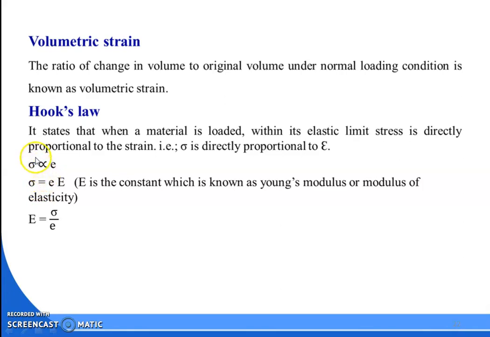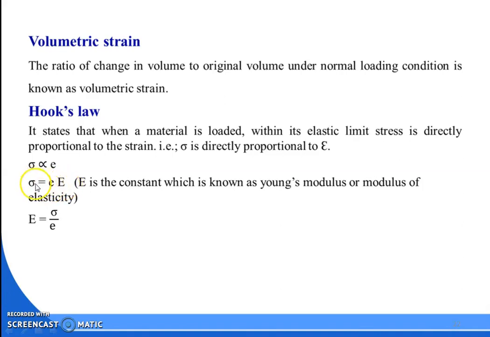So while you convert the proportionality symbol into an equal symbol, then we have to put a constant over here, so that we put the capital E here.